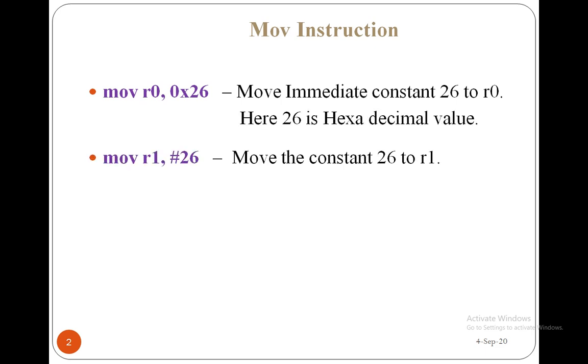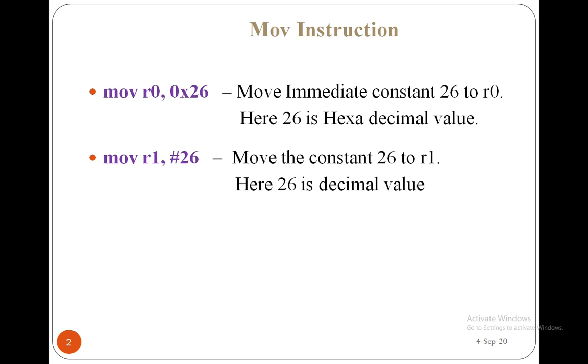Whereas coming to MOV R1, #26, here #26 indicates we are moving the decimal number 26 into the R1 register. Here 26 is the decimal value, and the hash indicates the decimal value.